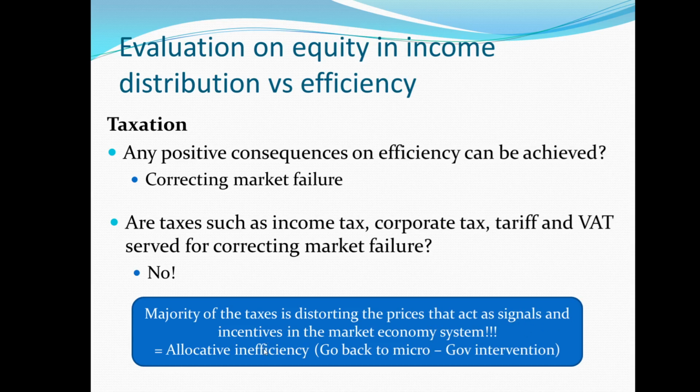These are all the things that we have learned in our market economy system. And at the end, you might see something that you don't want to see: allocative inefficiency. So that's one argument that you can make about taxation when it comes to allocative efficiency.